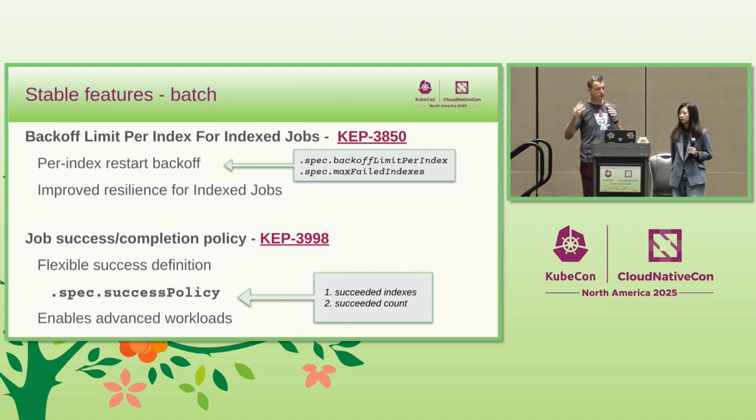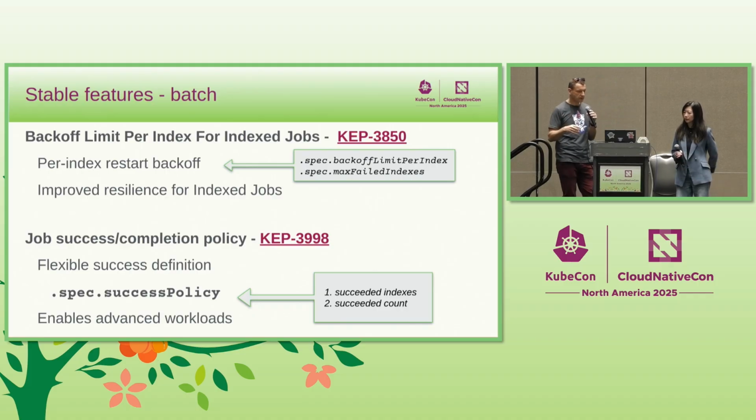But for indexed jobs, where each and every single index is doing a certain part of the job, we didn't have the control because the backoff was always counted as a global thing throughout the entire job. And if you have an indexed job which spans thousands of pods, you might know, or have embedded in your logic, that certain pods are okay to fail, or that you want to count the number of failures per pod, or specifically per index.